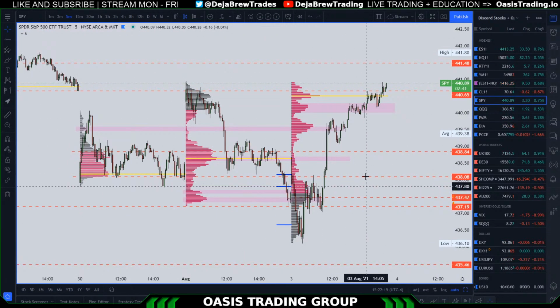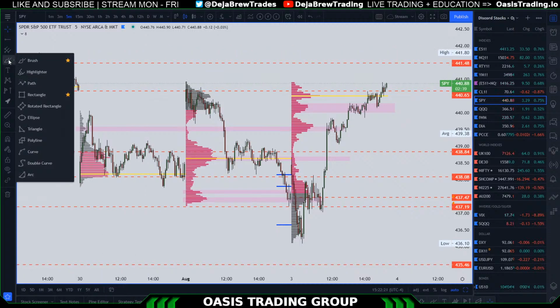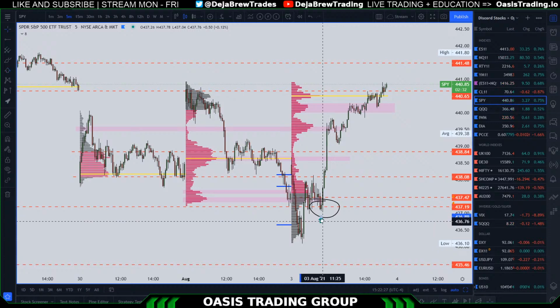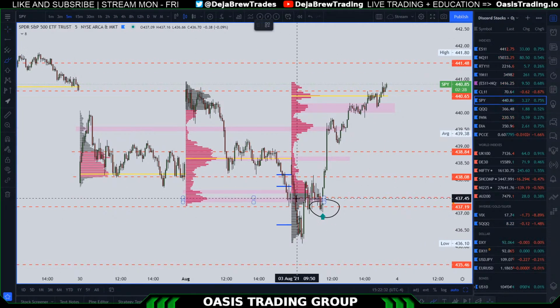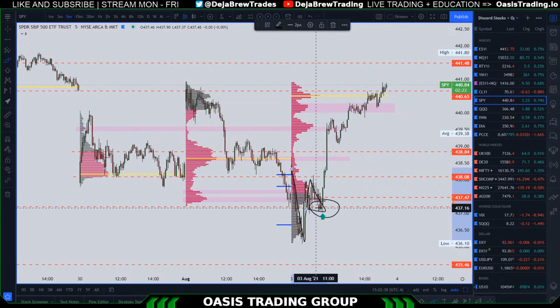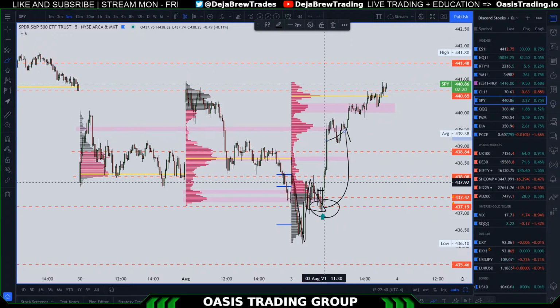I know my chart's a little messy, but do you guys understand what I'm talking about here? Do you guys see why this was such an important reclaim? Like this trade here was very, very obvious. Lose the value area, bounce back, bull flag, and then rip back to the high.